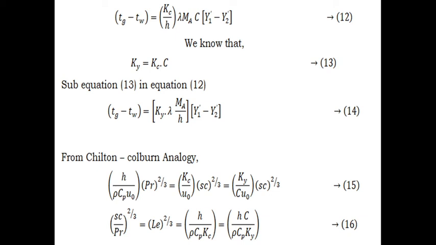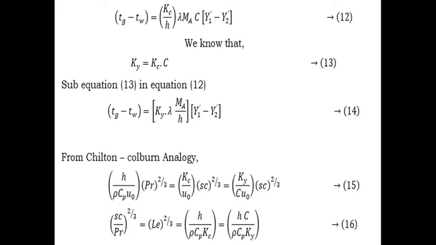So here, Schmidt number divided by Prandtl number, power 2 by 3, is equal to the Lewis number power 2 by 3, that is equal to h by rho cp Kc. We divide these two expressions, Schmidt number and Prandtl number. Finally we get h by rho cp Kc, which is equal to hc by rho cp into Ky.